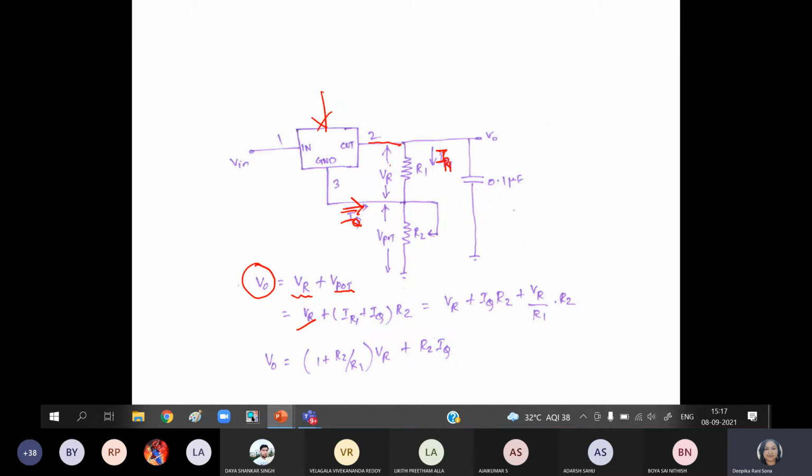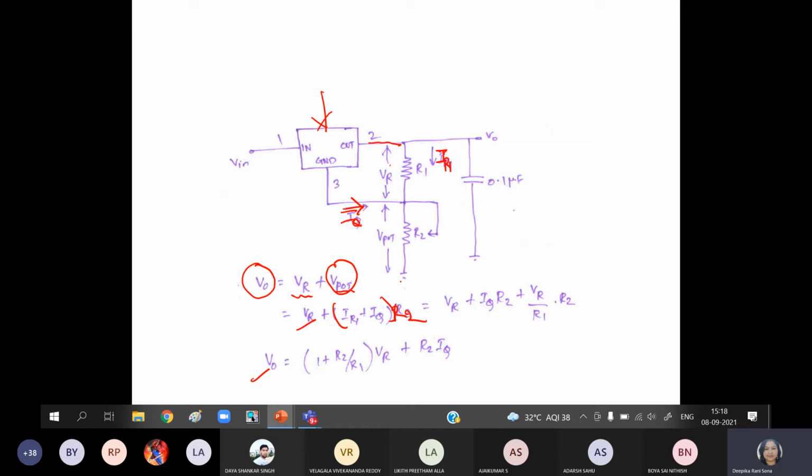So IQ plus IR1 together multiplied with your R2 gives rise to your V pot voltage. So the potentiometer voltage is nothing but IR1 plus IQ times R2. If you solve it further, your V0 is nothing but 1 plus R2 by R1 into VR plus R2 IQ.